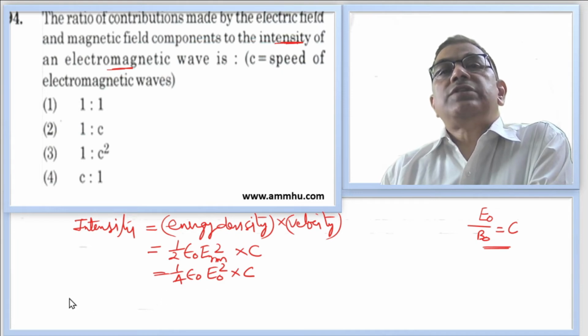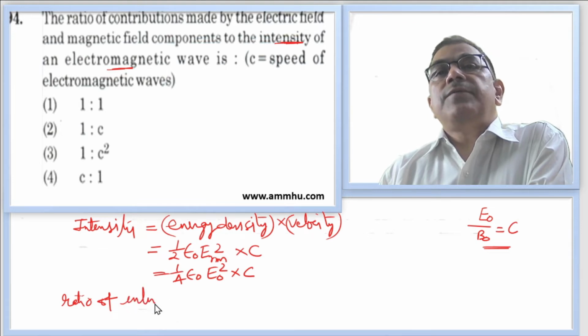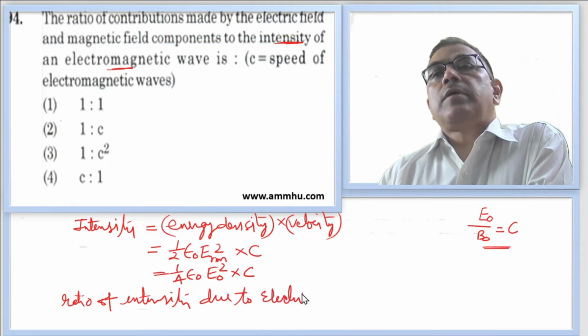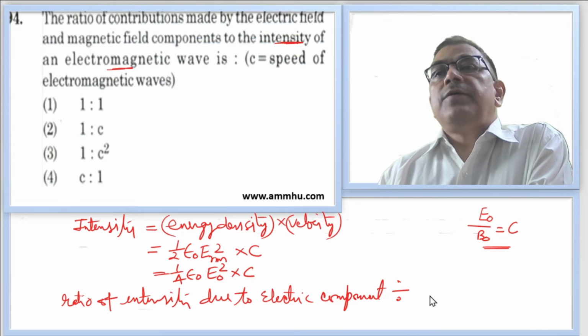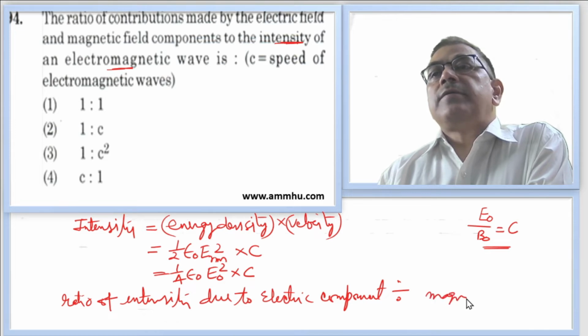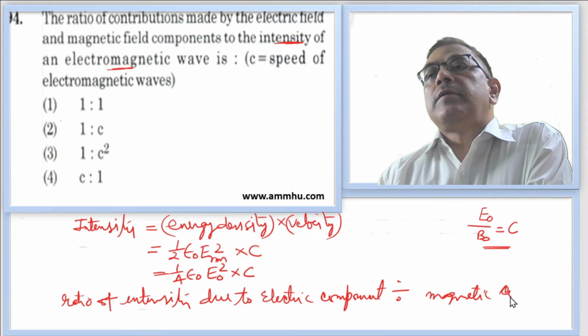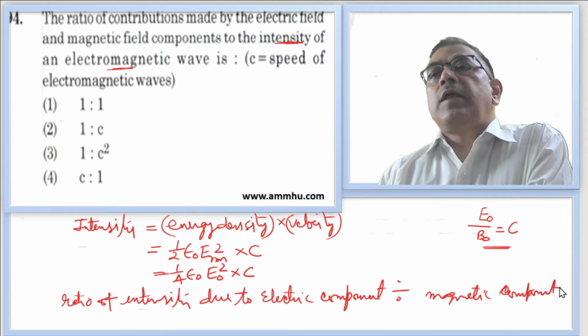So this ratio of intensity due to the electric component divided by the magnetic component. Is it right?